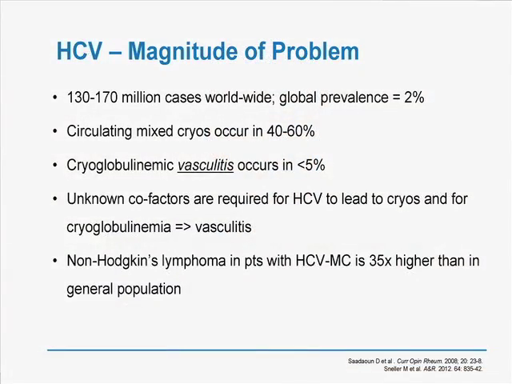The other thing to remember here is that while this virus in some people stimulates a lymphocytic response in an attempt to clear the virus, which usually it cannot do effectively in most people, some people with chronic hepatitis C, even if they clear the virus with advanced therapies, will have continuing lymphoproliferation, even perhaps not driven by the virus at that point, that accounts for this population having a 35-fold higher frequency of lymphoma than in the general population.